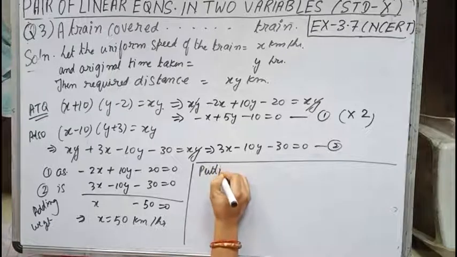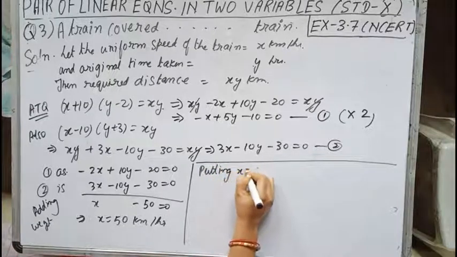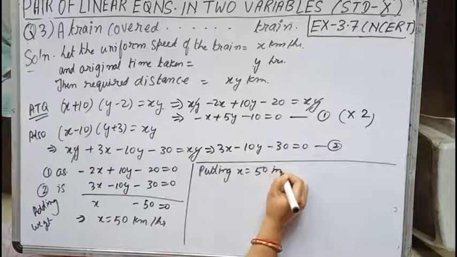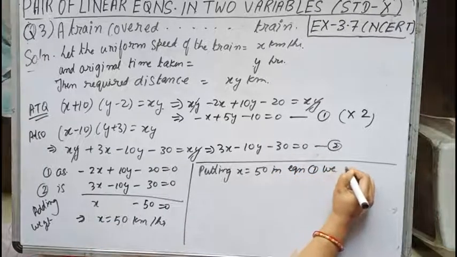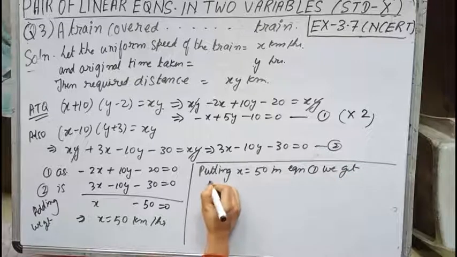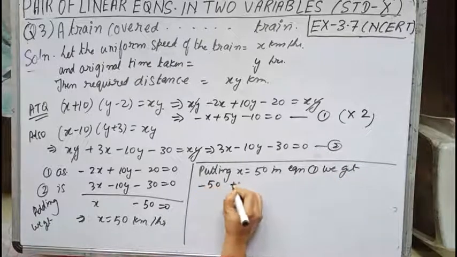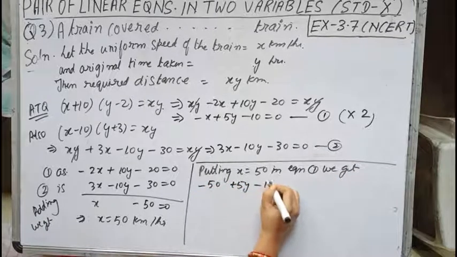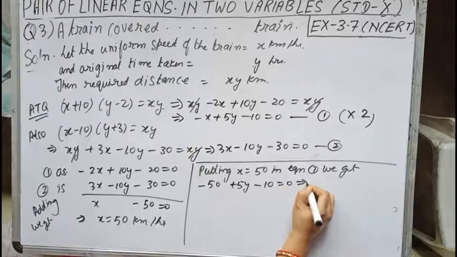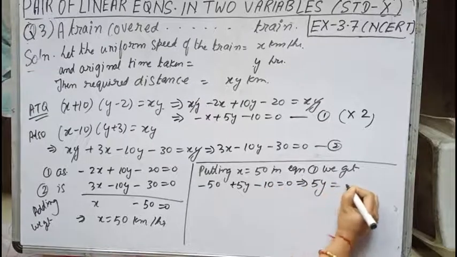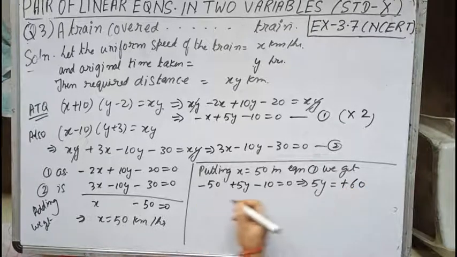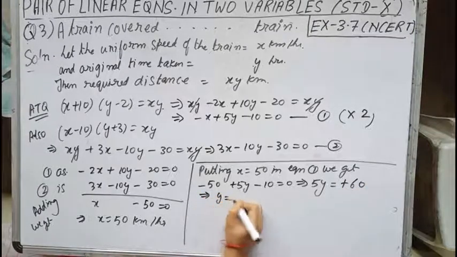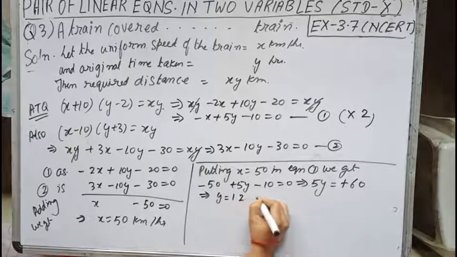Putting x equals 50 in equation 1, we get minus 50 plus 5y minus 10 equals 0. This implies 5y equals 60. This implies y equals 12 hours.